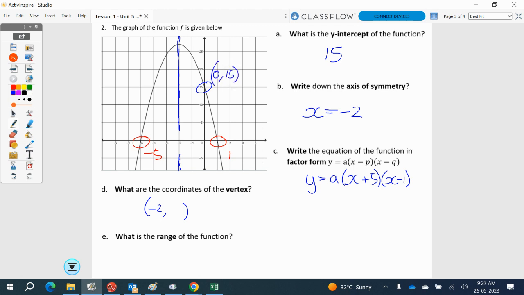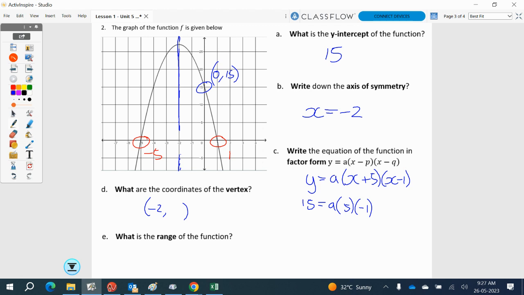The y-intercept is at 0, 15. That means when x equals 0, y equals 15. If we put this in, we get 15 equals a times (5) times (-1), because 5 plus 0 and -1 plus 0 simplifies easily.